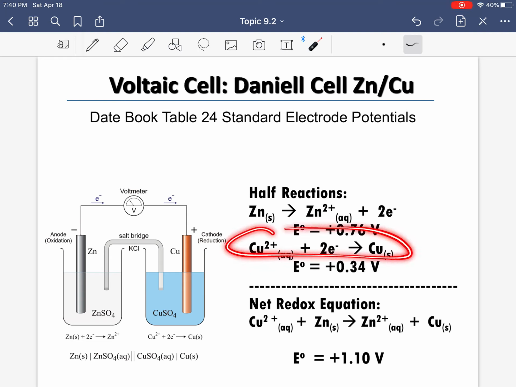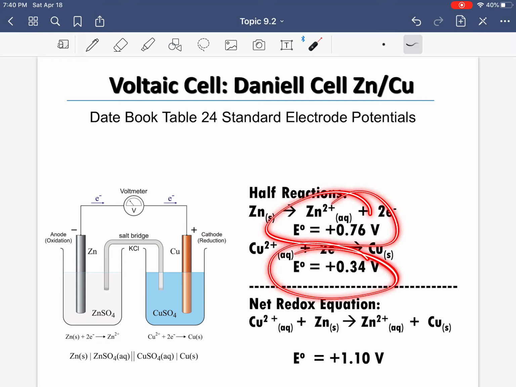For the copper reduction reaction, okay, this is worth 0.34 volts. Now, you'll notice that in table 24, all the reactions are actually shown as oxidation reactions. And in it, you'll just take the difference of these two numbers, and that will be your overall net redox energy value.